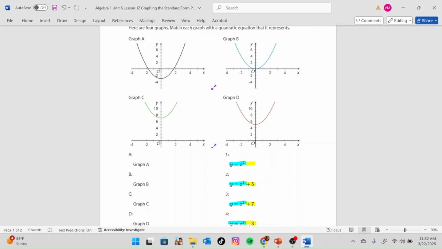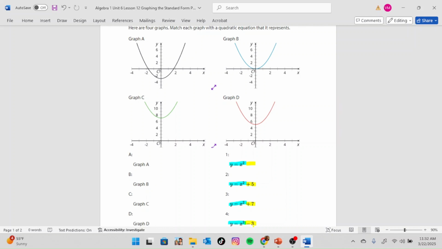So if you don't know what it is that the C term does yet, think about this. I have one graph where it looks like I'm not doing anything to it. I have 2 graphs where it looks like I'm adding, and one graph where it looks like I'm subtracting.